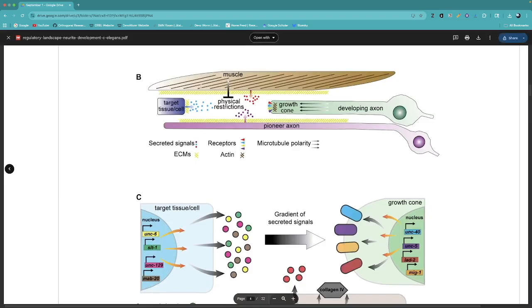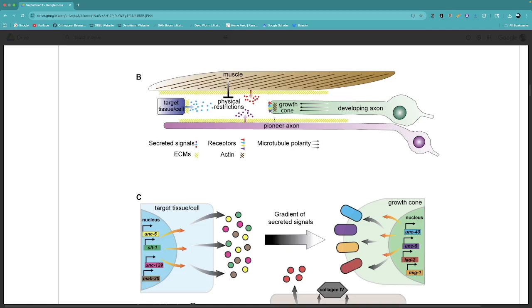Then in B, they show where we have this pioneer axon coming out. We have a developing axon by contrast, where the developing axon is sending out this protrusion, and there's this growth cone at the end of the protrusion, and that allows for the axon to find its way through the extracellular matrix. So the axon is projecting out into the extracellular matrix.